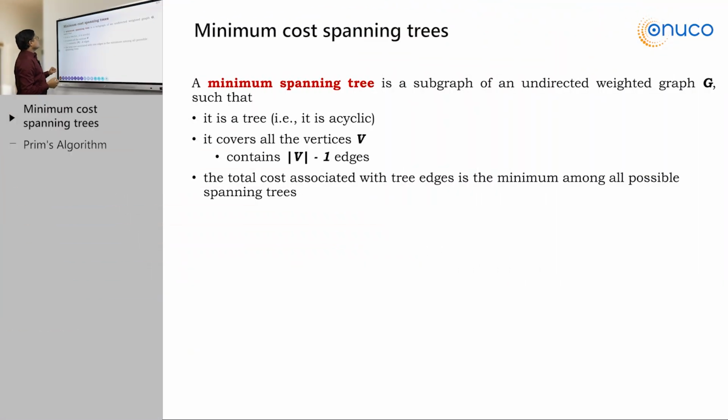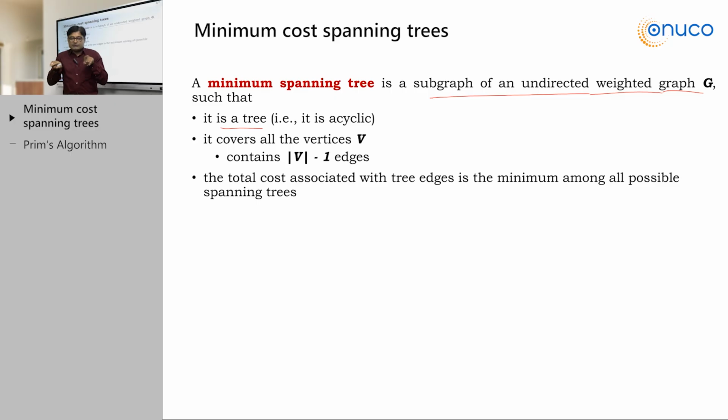Look, what is a minimal spanning tree? It is a subgraph of an undirected weighted graph. Now what is an undirected weighted graph? I am going to give you an example such that it is a tree. All of you have studied in the previous semester what trees are.